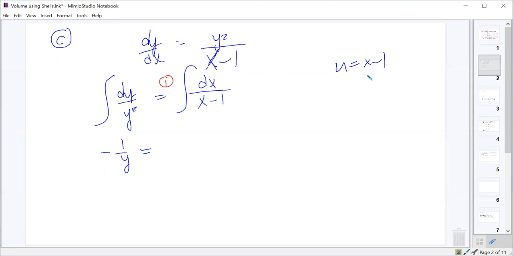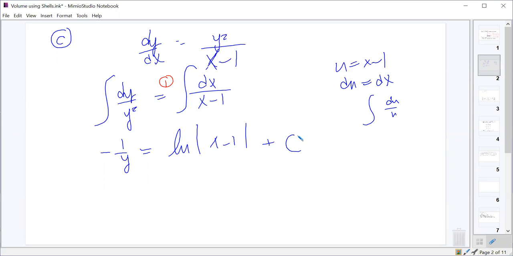Very simple u sub, u equals x minus 1. du is dx. And then we just basically end up with an integral of du over u, which is natural log absolute value of u, which is x minus 1. And then we will add a plus c to that.